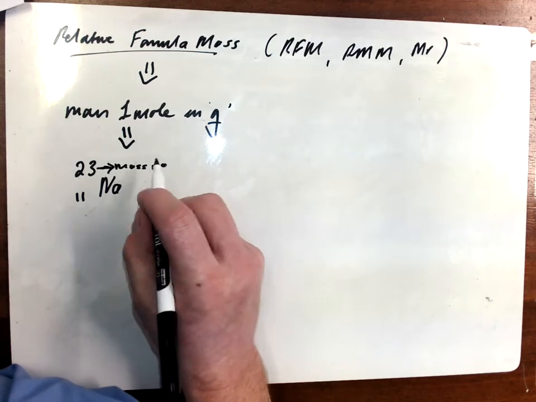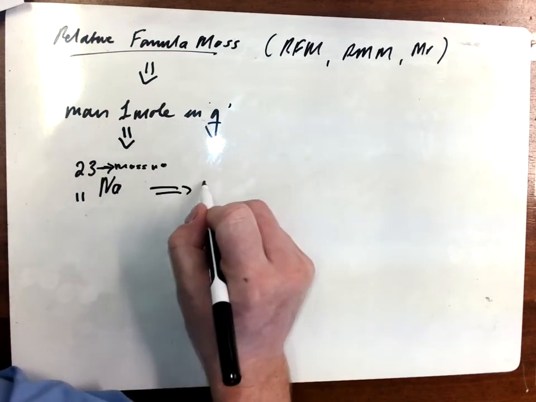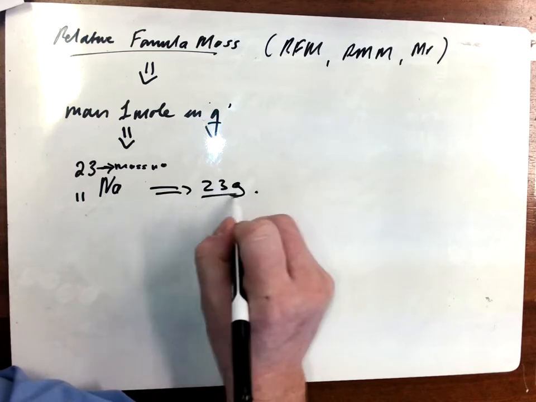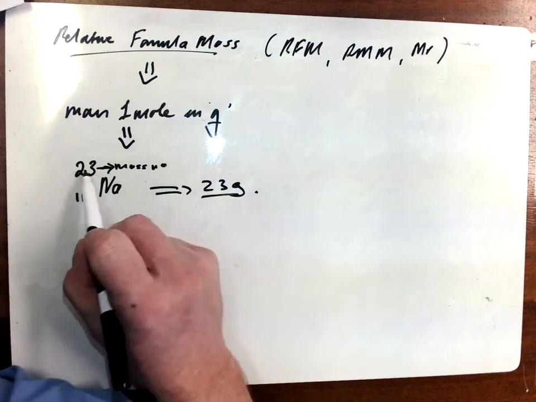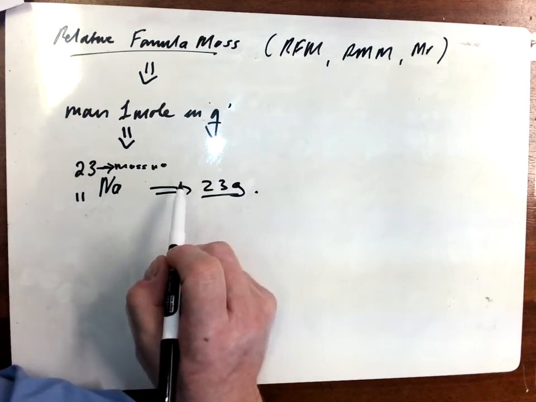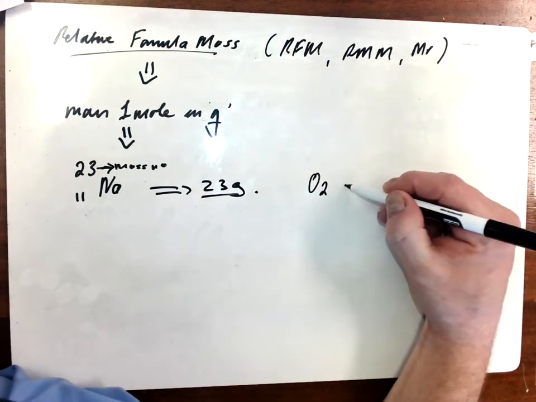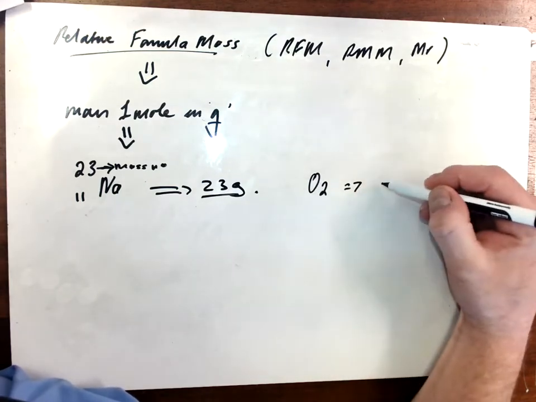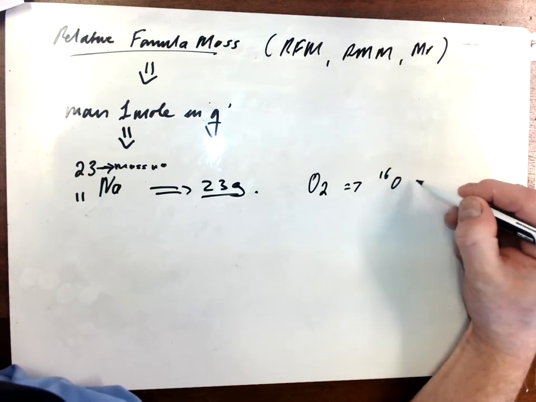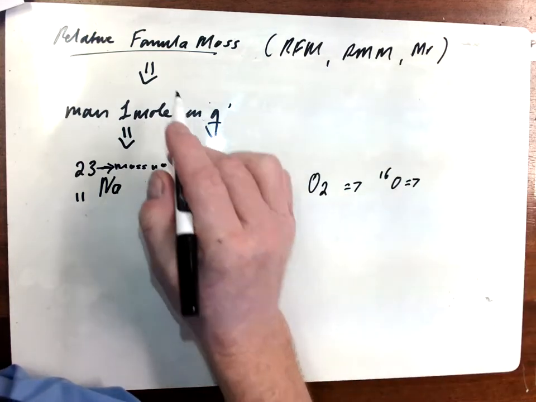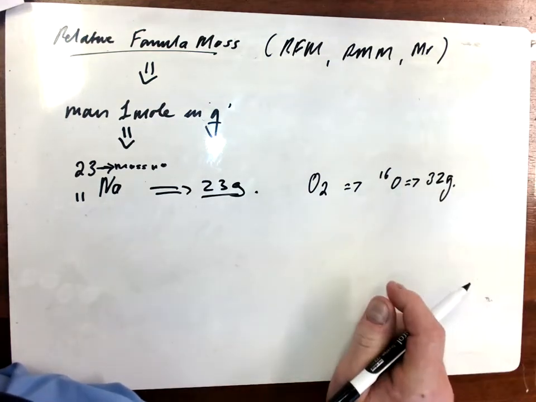So the mass of 1 mole of sodium is 23 grams. If I take another element, for example oxygen, O2, this time we have 2 oxygens, which we need to be careful of. Each oxygen is 16, so the relative formula mass of oxygen is 32 grams, 2 times 16.